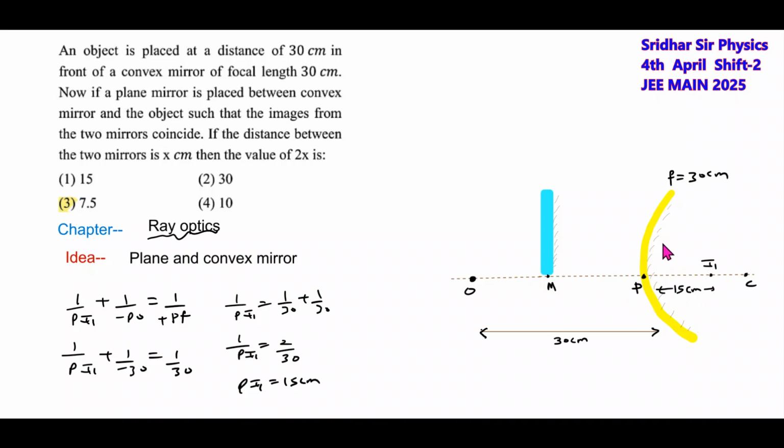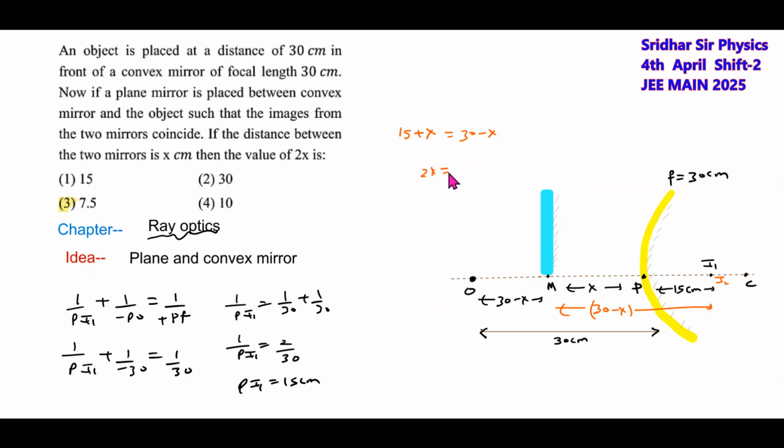Okay, fine. Now the distance x is what is being asked, which we have to calculate. What is this length? It will be 30 minus x. Now the final images from both mirrors will merge, because this will become the object distance for the plane mirror, and this should be the image distance. So 15 plus x should be equal to 30 minus x.